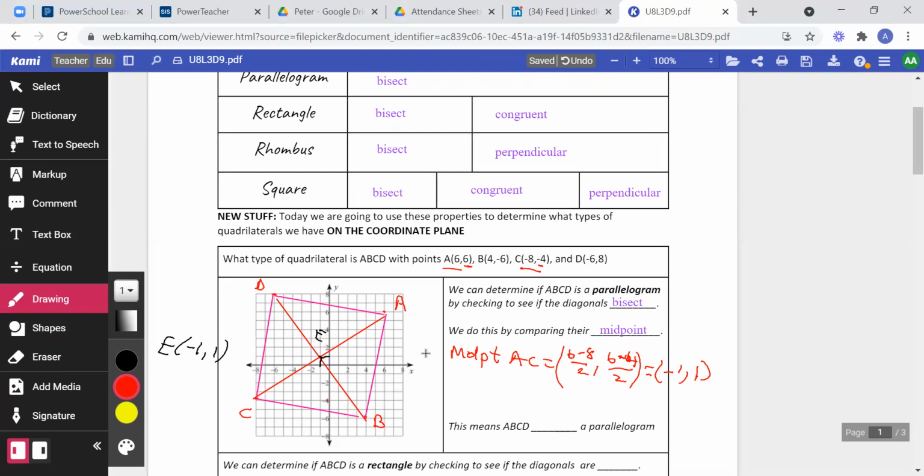I'm going to see if it's going to give me the same thing as the geometric representation of what I just did. I'm also going to find the midpoint of BD. You see this diagonal BD. So I'm going to write MD for mid, PT for point, of BD.